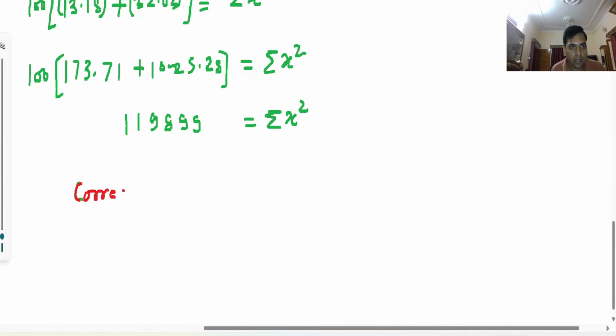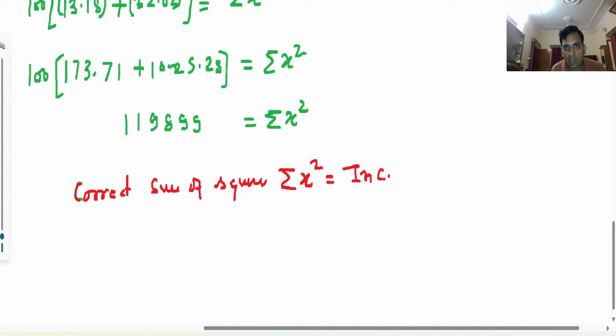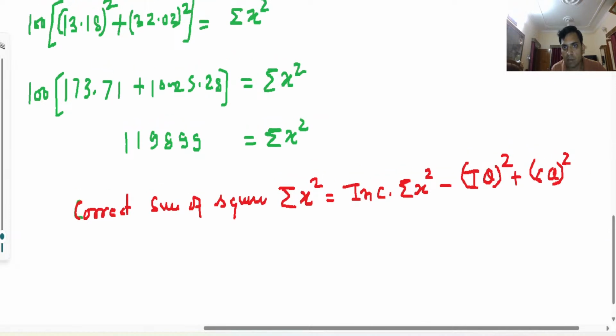So correct sum of squares, now we are writing as summation x square. So we will write incorrect summation x square minus incorrect quantity square plus correct quantity square. Same method we will use, same process we will use.